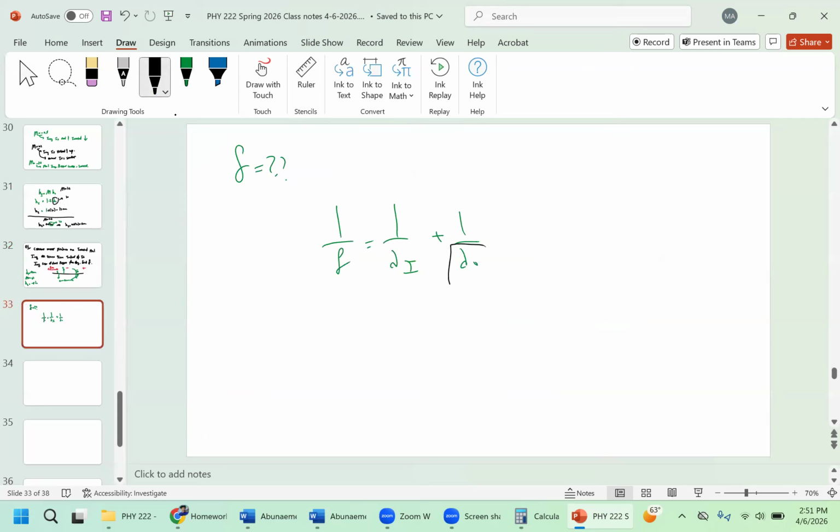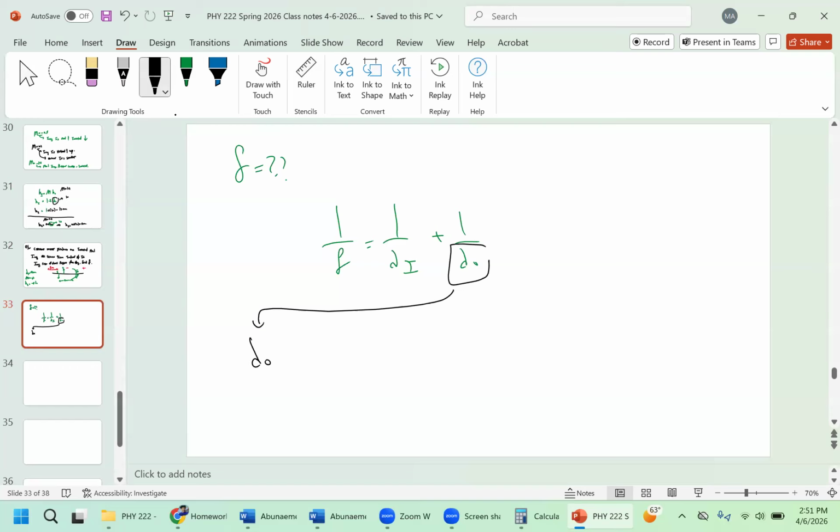So we need to calculate this little fella, DO.